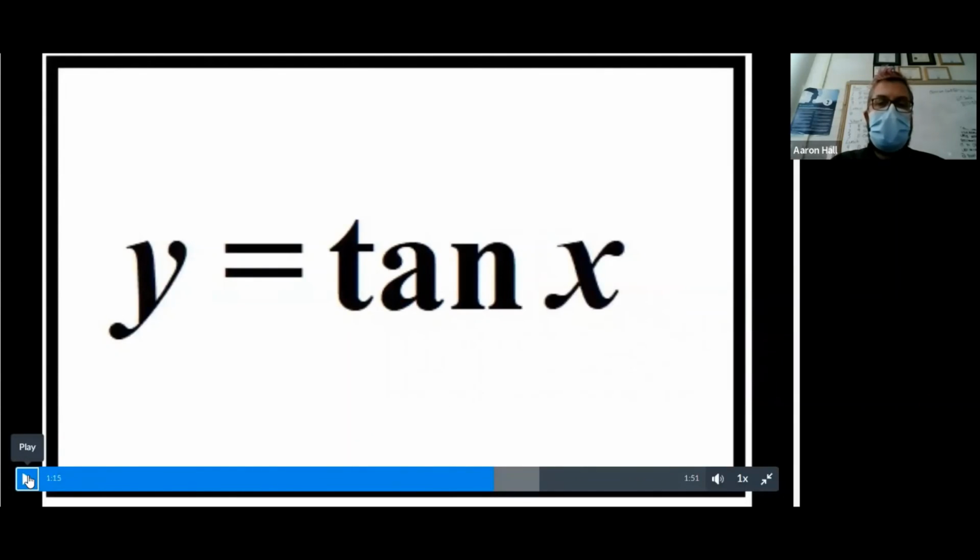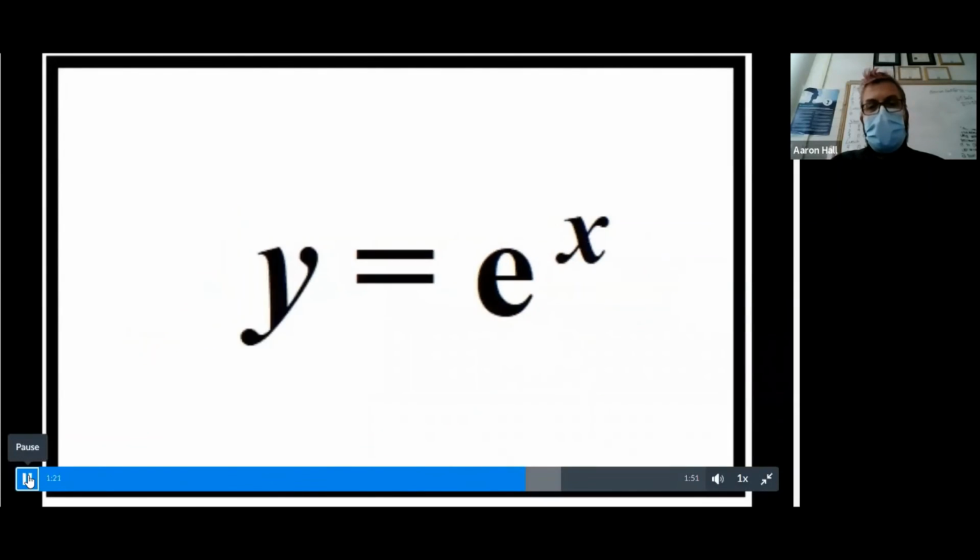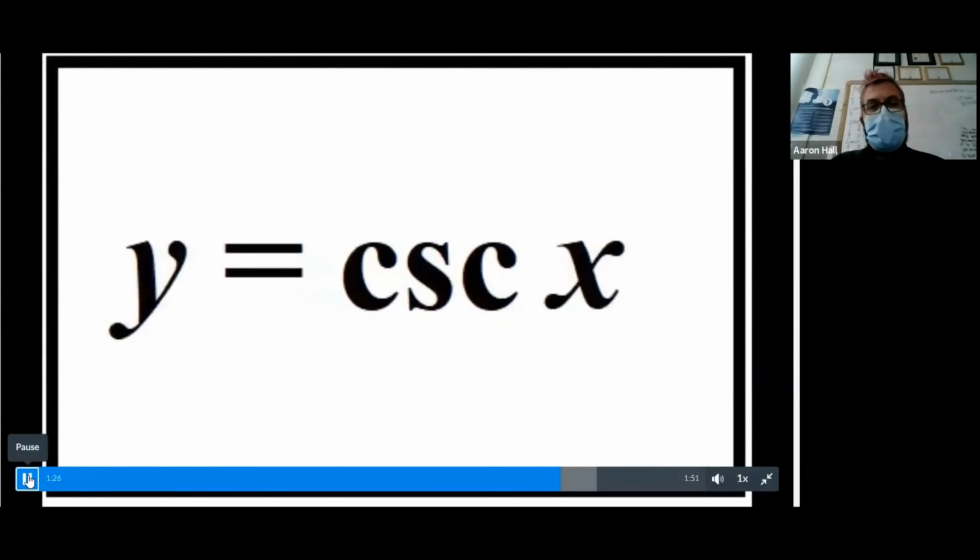What is the derivative of tangent of x? Secant squared of x. Good. What is the derivative of e to the x? What is the derivative of cosecant of x? Negative cosecant of x times cotangent of x.